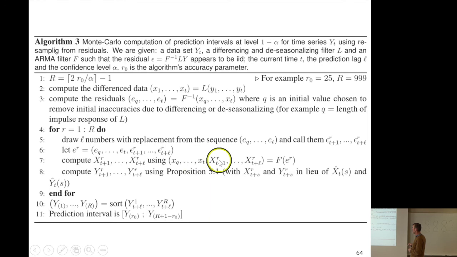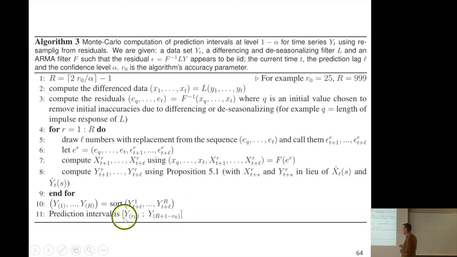Then I apply the filters. I apply the filter F, and I apply the inverse of the filter L, and we need to be careful how we do it because the inverse filter is unstable. And at the end, I obtain a simulation of the future, which is y t plus L, done capital R times.